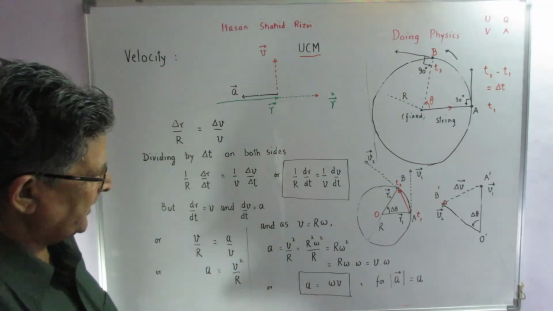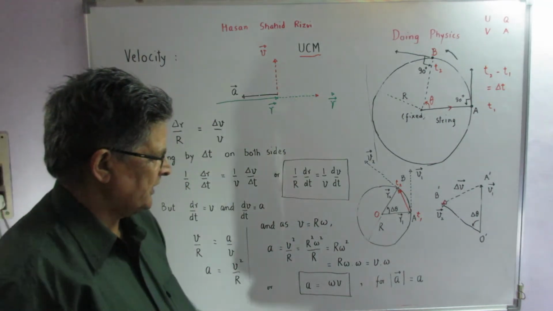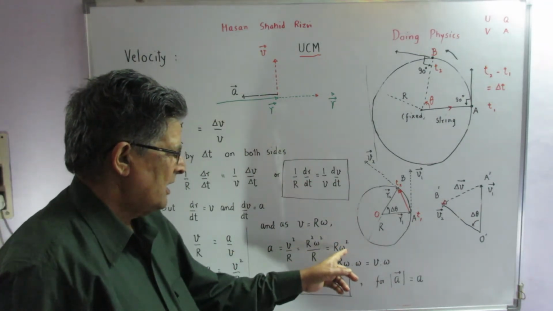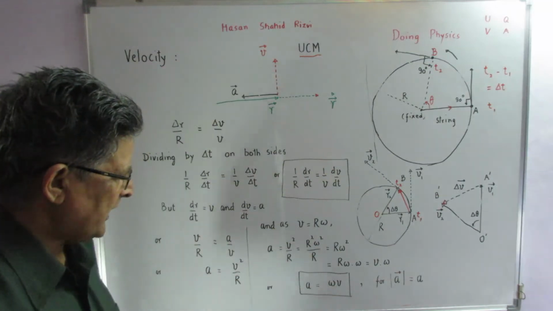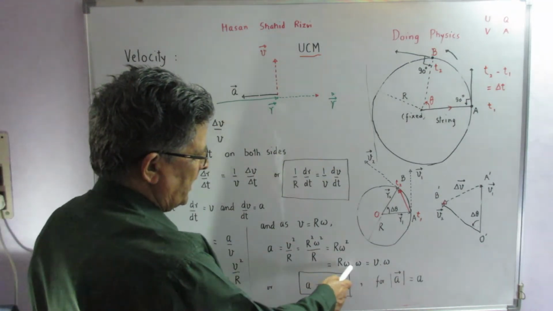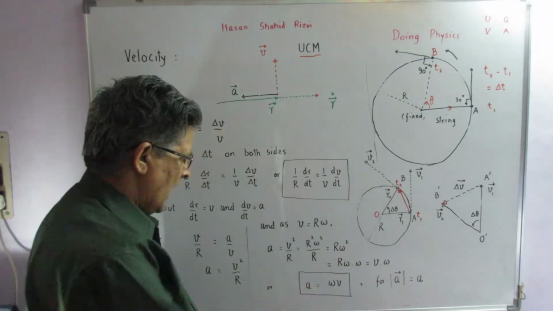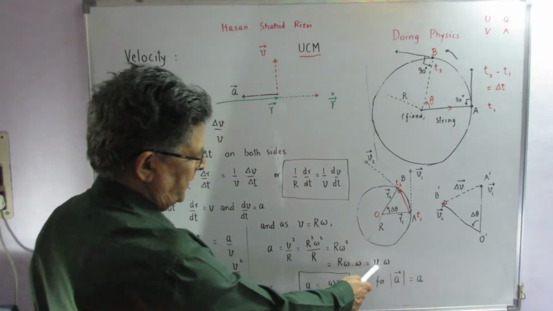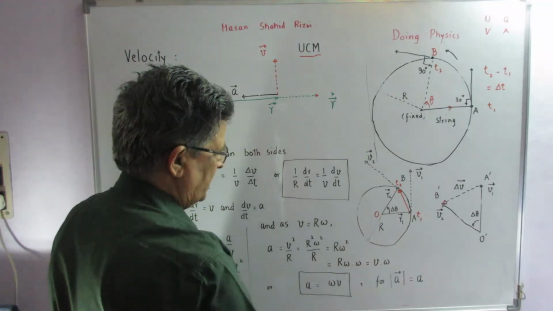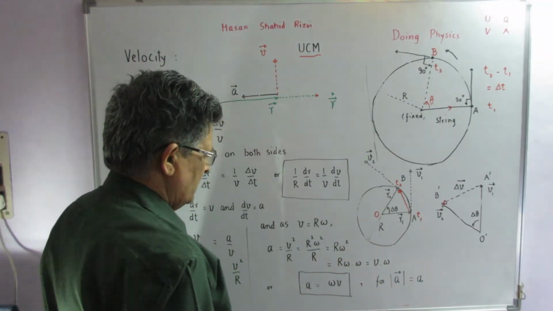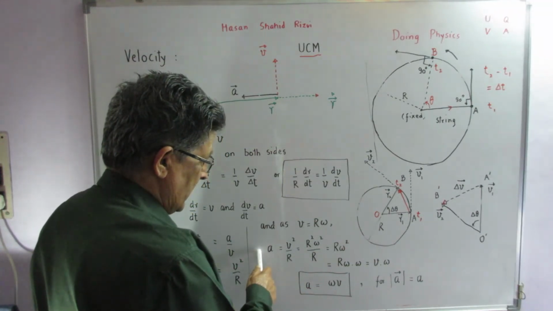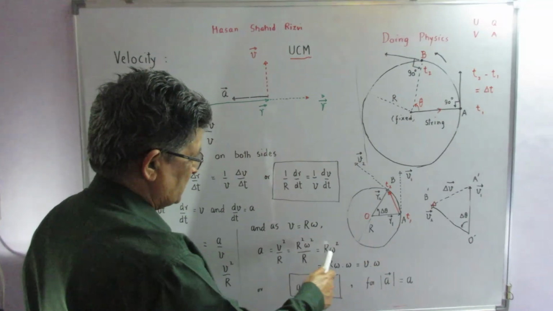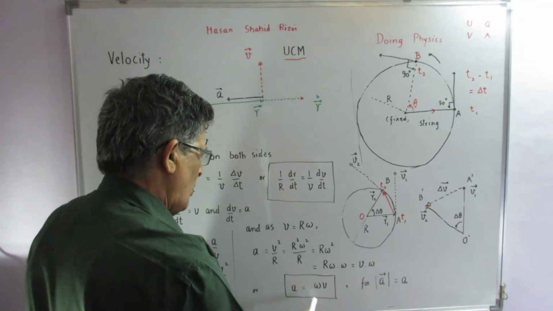With a little bit of jugglery with mathematics, I write this expression r omega square as r omega multiplied by omega. r omega, of course, is equal to v, so I can write this as v into omega, and then my a will become equal to omega into v.